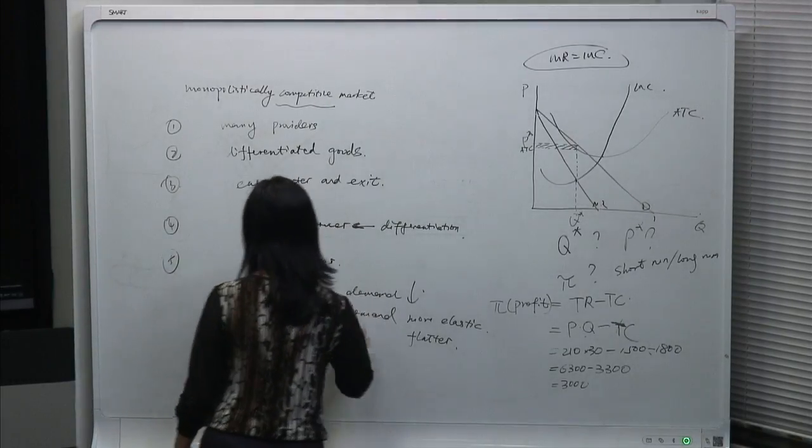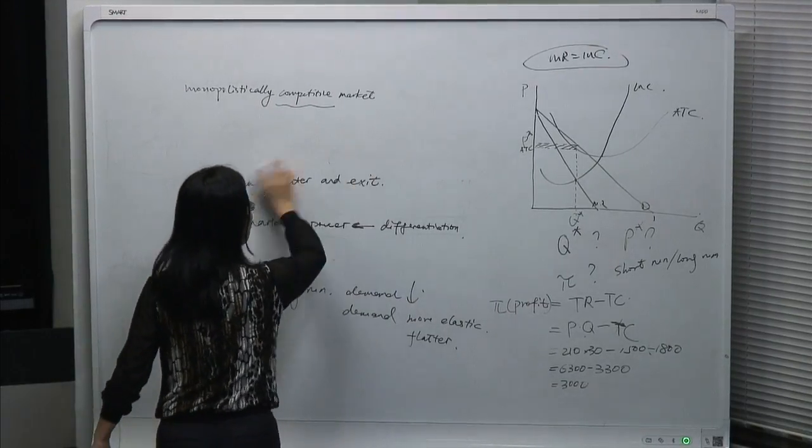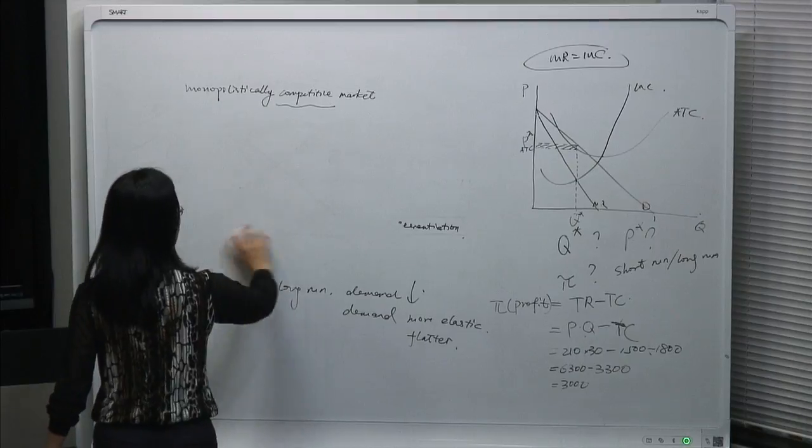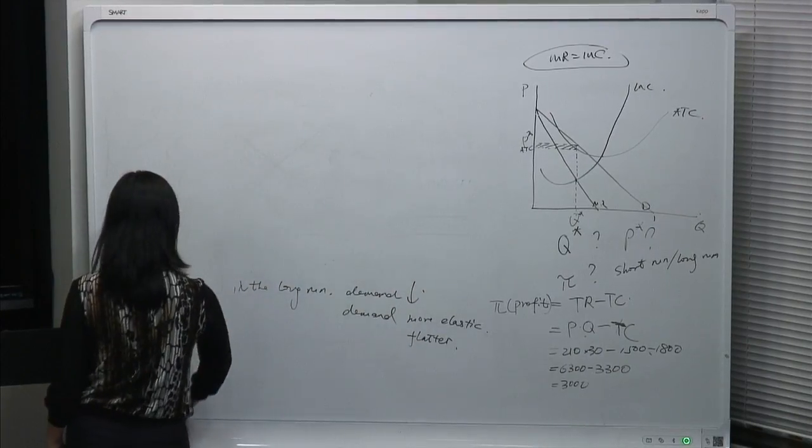Now I'm going to show you. It's still not horizontal. It's still going to be negative sloped. But I'm going to show you what it's going to look like.